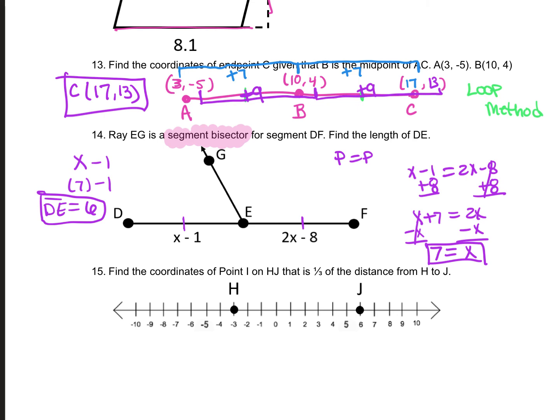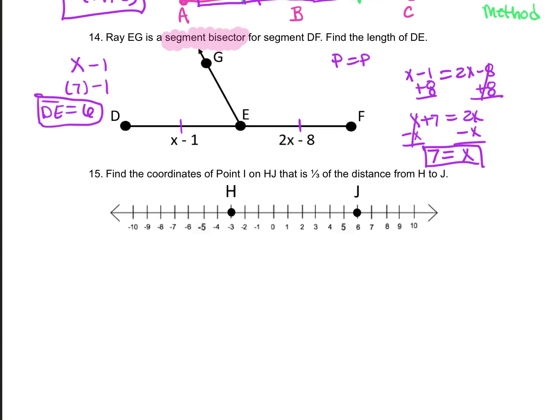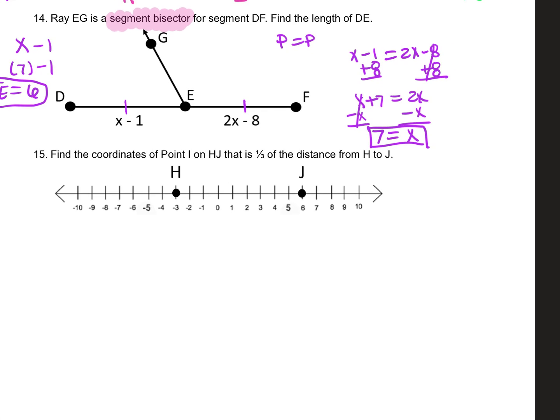All right. Find the coordinates of point I on HJ so that it is 1/3 of the distance from H to J. And so, steps to partitioning, there's 4 steps. It is find distance, and that is big minus small number.